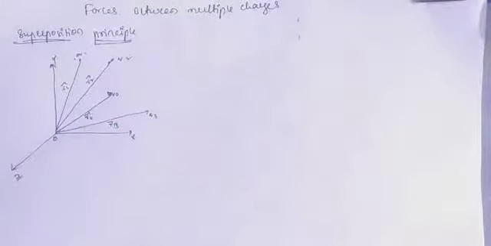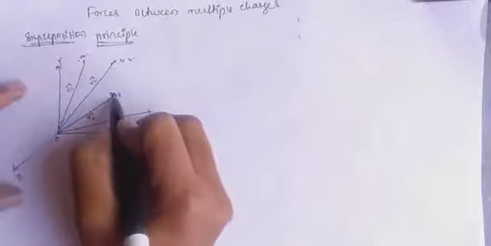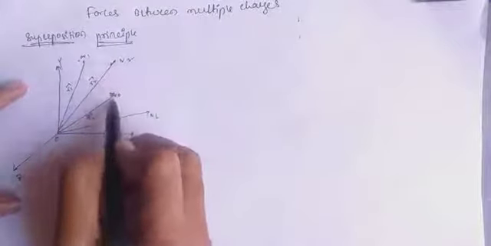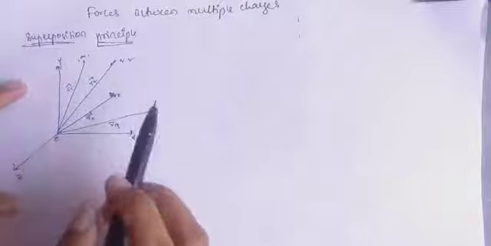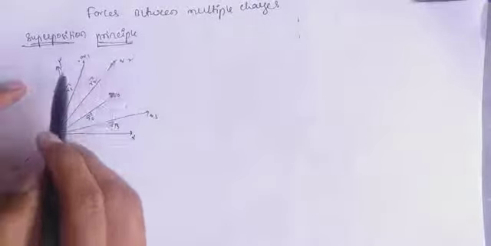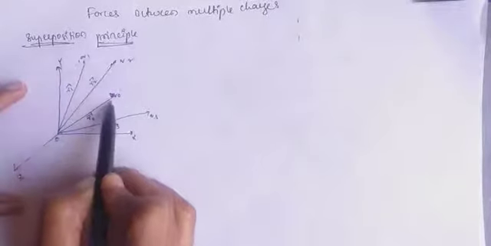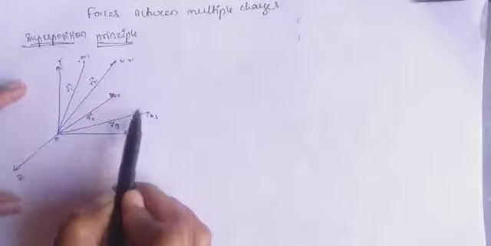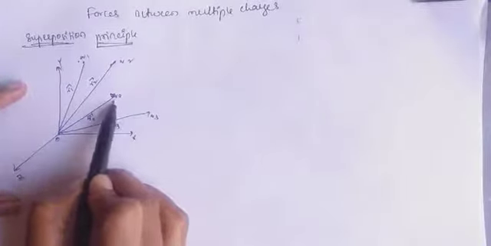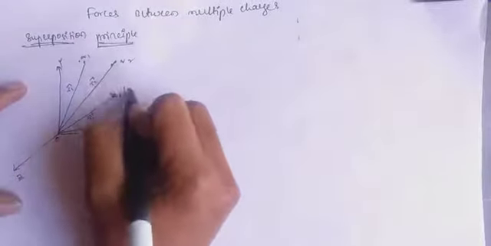Okay, so now here this is the charge. Now I want to apply the force. Here so many charges are there, so this q1 applies the force on this charge, and q2 also applies the force on this charge, and q3 also applies the force on this charge. So q0 is the test charge.